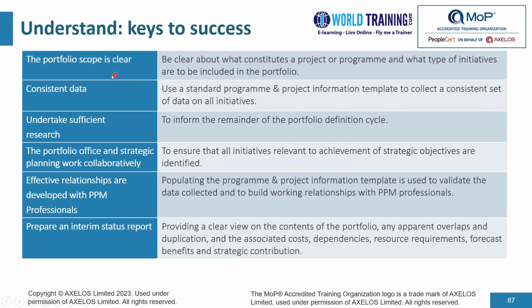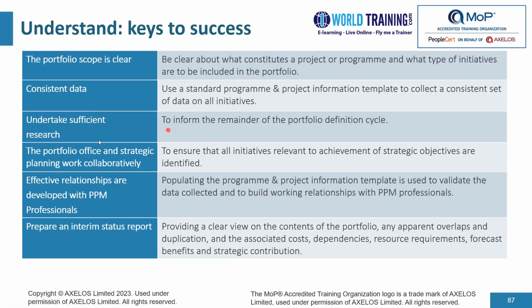Success is the portfolio scope is clear. Be clear about what constitutes a project or a program and what types of initiatives are to be included in the portfolio. Consistent data. Use a standard program and project information template to collect a consistent set of data on all initiatives. Undertake sufficient research to inform the remainder of the portfolio definition cycle.